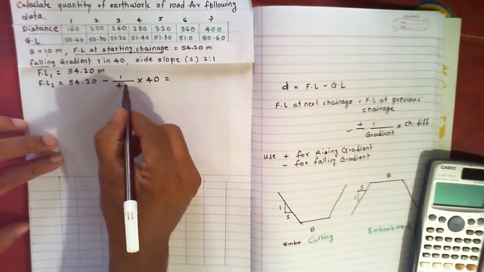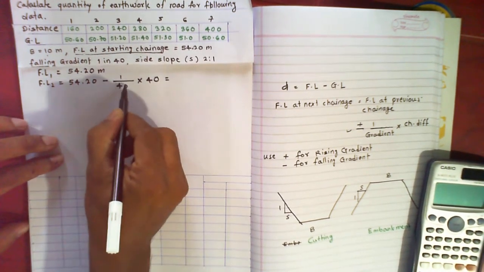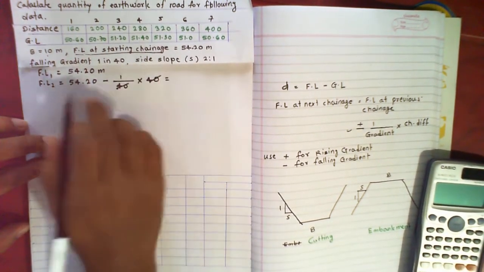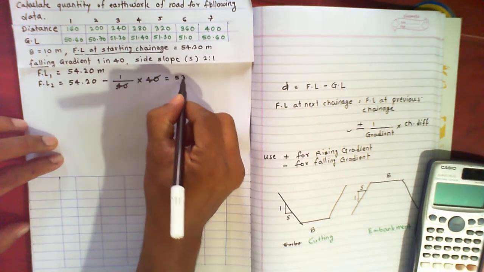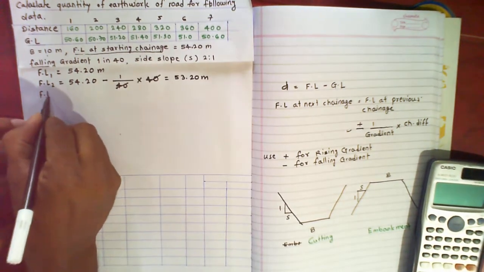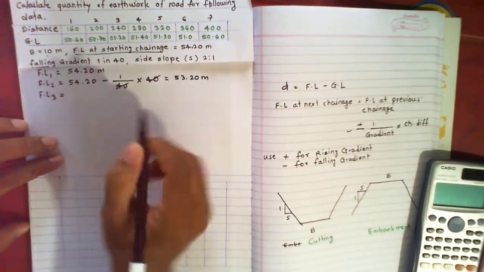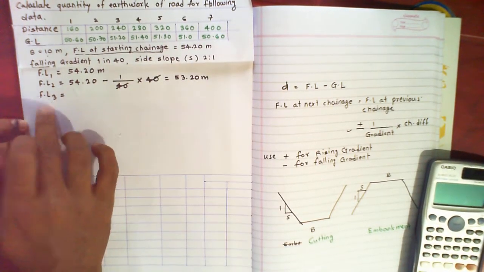So we will get 54.20 minus this one, because 40 will get cancelled. So 54.20 minus 1, that is 53.20 meter. Similarly FL3 is equal to this 53.20, which is the previous chainage for this FL3.